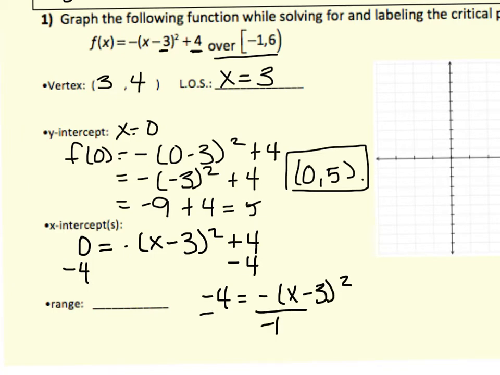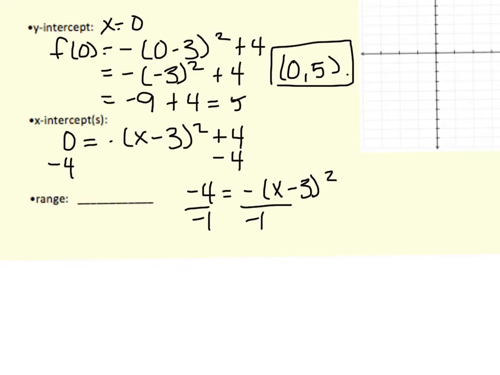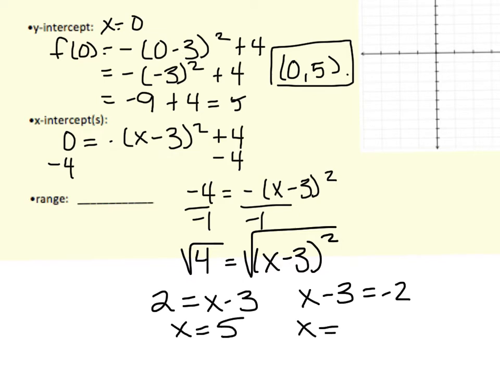So I'm going to divide by negative 1. So it's going to be 4 equals (x minus 3) squared. Remember, you get two answers. So x will equal 5 or x will equal 1.